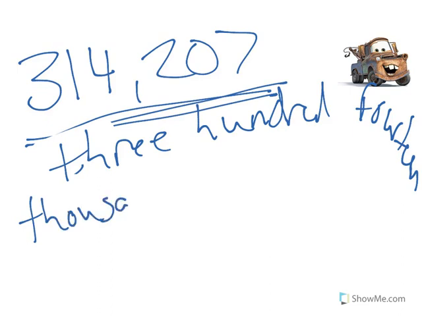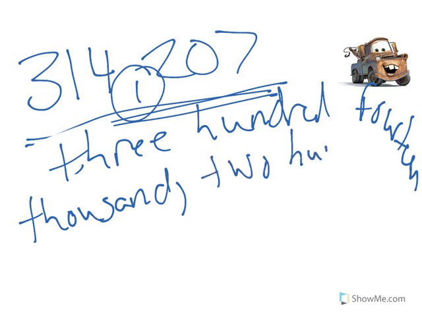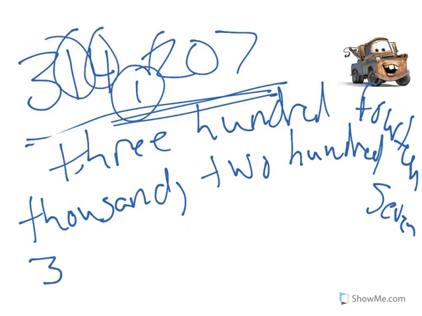314,000. And remember, if there's a comma up here, you add the comma down here. Then 207. Now we have to write it in expanded form. So I'm going to put my 3 down and add a 0 for all these other digits up here: 0, 0, 0, 0, 0.